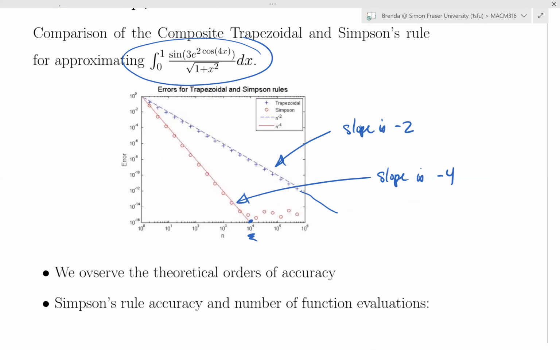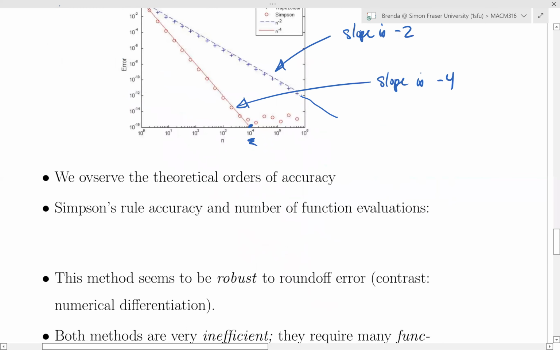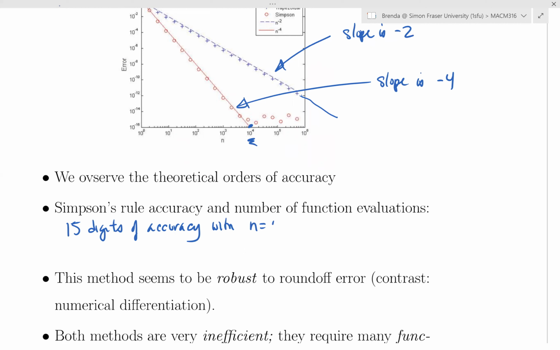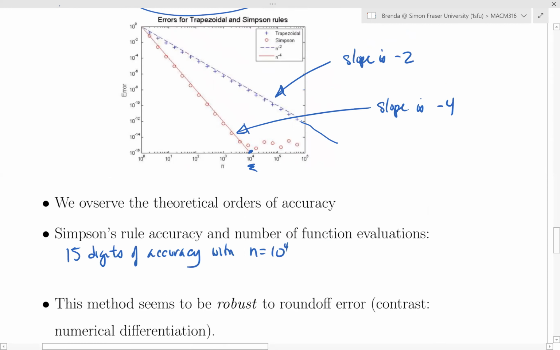So in this case, Simpson's rule, we got 15 digits of accuracy, so basically machine epsilon with n equals 10,000. That is a lot of function evaluations, especially when your function is relatively complex, like this guy.